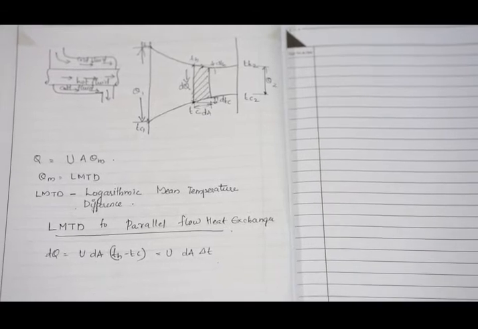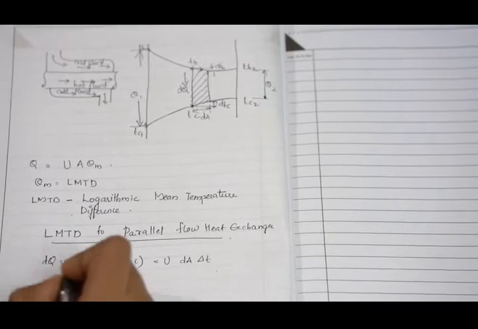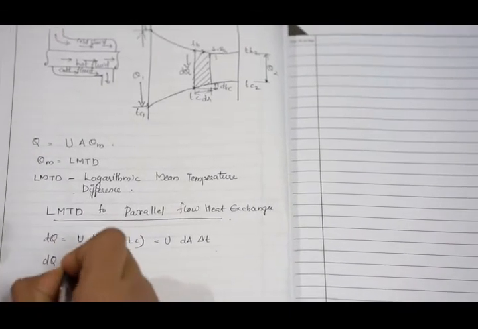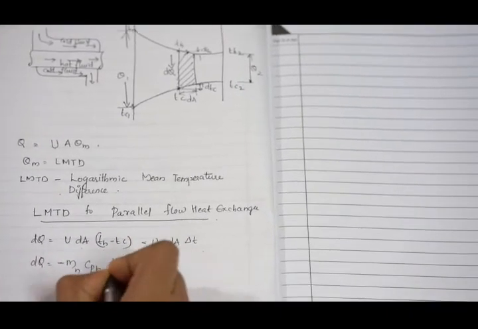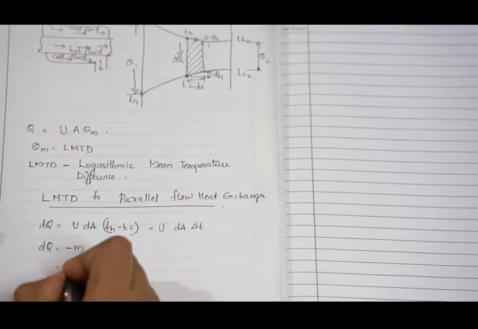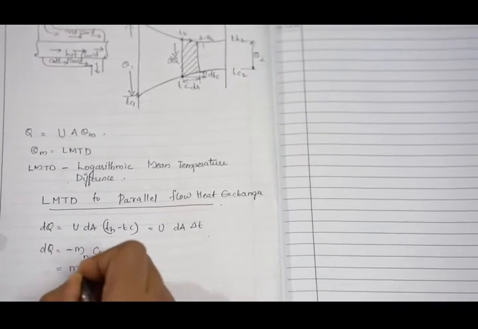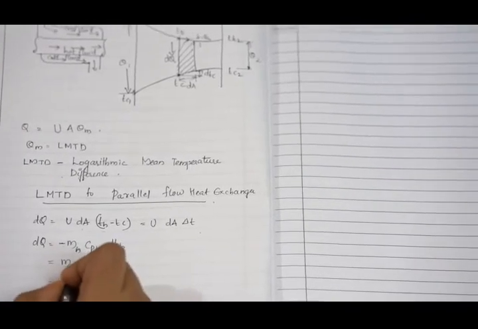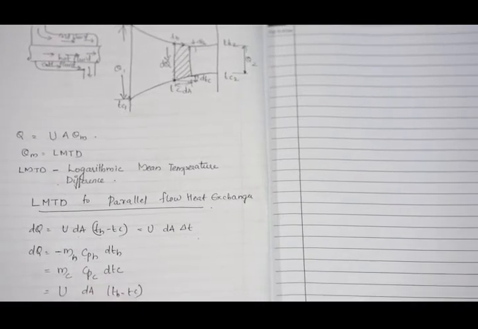The energy balance over a differential area dA may be written as dq is equal to, for the hot fluid, minus mH Cph dTh. Heat is rejected, so the negative sign. This is equal to mc Cpc dTc, the heat absorbed by the cold fluid, which is again equal to U dA into (Th minus Tc).